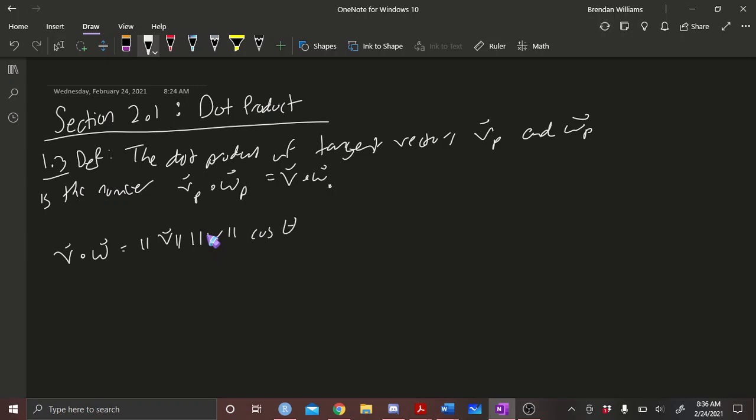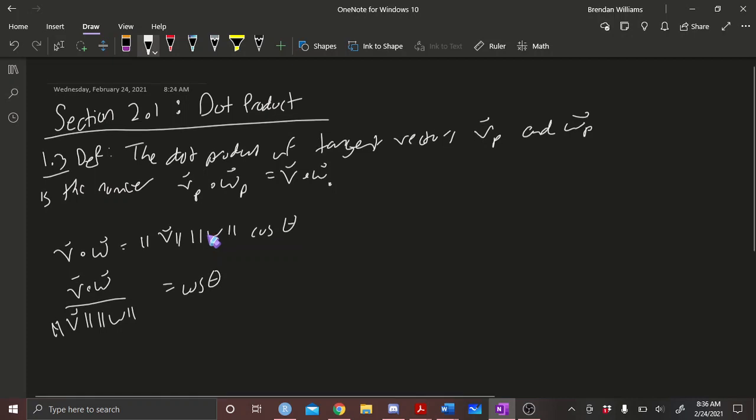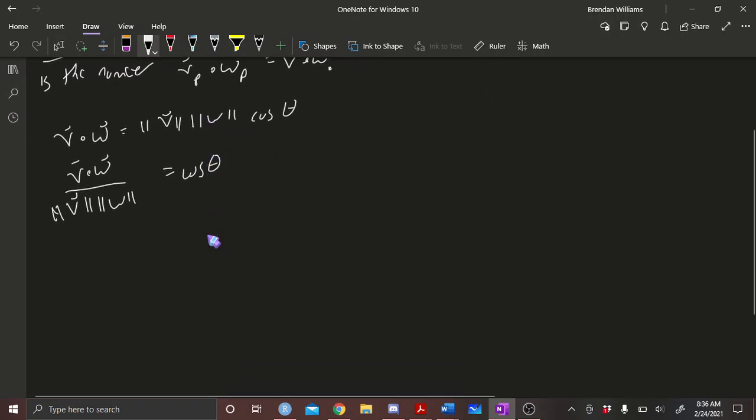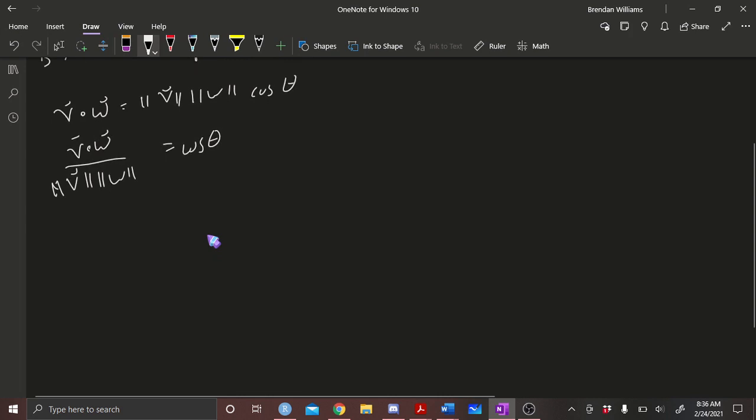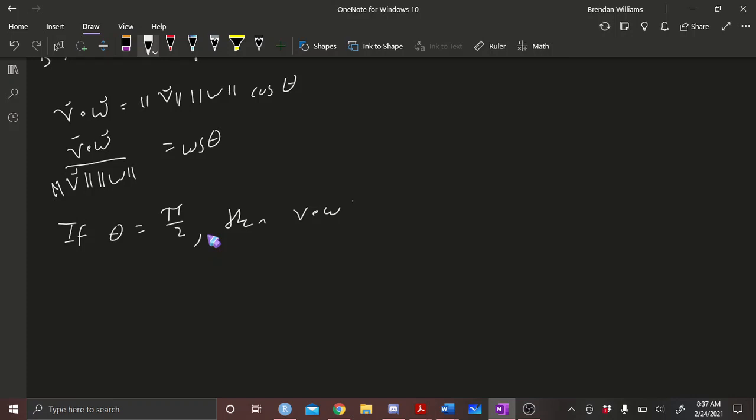Or we can just move these to the other side: v dotted with w over norm v, norm w is equal to cosine theta. So we can write it like that as well. We can see that if theta is equal to pi over 2, then v dotted with w equals 0.